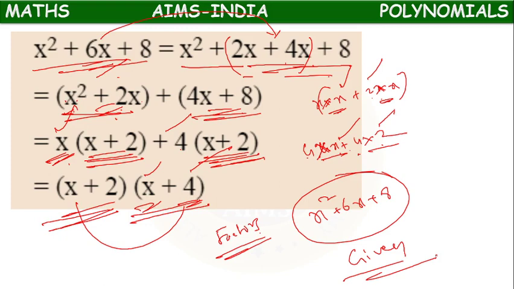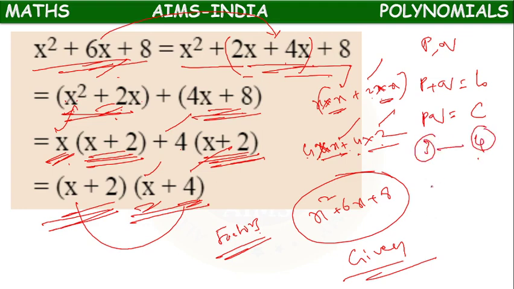Okay, so like that we can factorize a quadratic polynomial. First, what we have done? We have identified two numbers such that their sum is equal to the x coefficient and their product is equal to the constant. Now, three terms, we change them into 4 terms. 2 terms kept in one group, 2 terms kept in the other group.